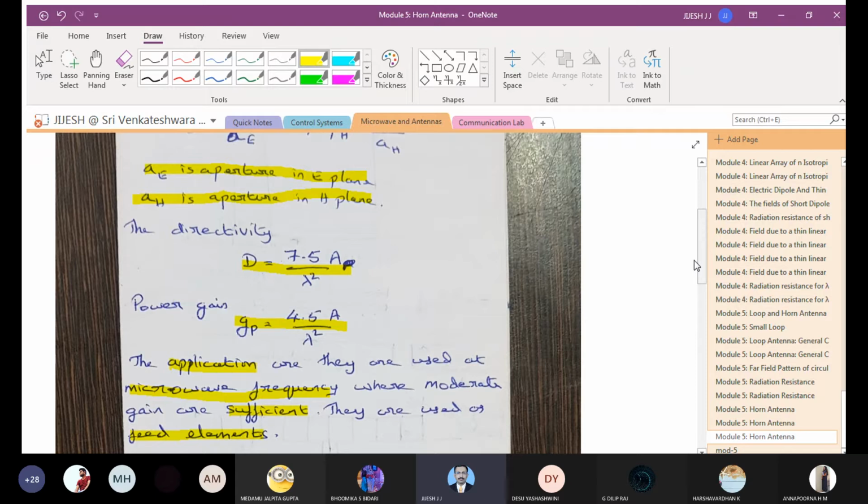Now we will discuss a few different types of antennas, like helical antenna, Yagi antenna, and parabolic antenna. That will be the end of this module. We are almost close to that; in 1 or 2 classes we'll wind up this module. So these are the applications of horn antenna.